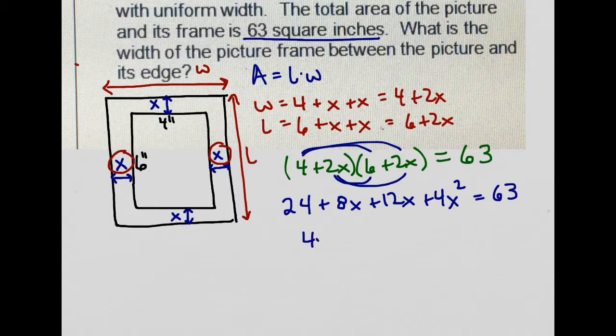So I'm going to start with my 4x squared term. I'm going to combine my 8x and my 12x, which gives me 20x. Plus 24 equals 63. So then I'm going to subtract 63 from both sides. So 24 minus 63 is negative 39.